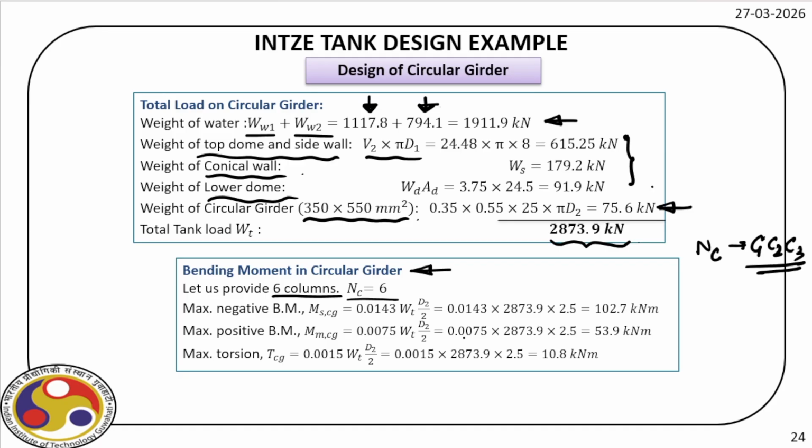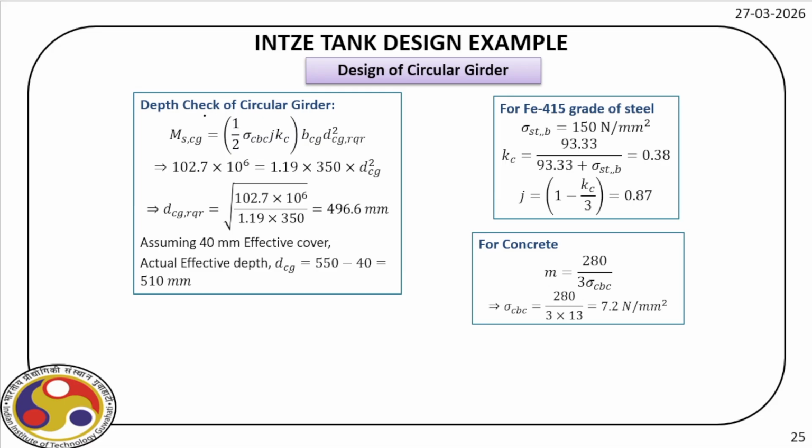So, this is from the table, and they are used to find out maximum negative bending moment, maximum positive bending moment, and maximum torsion. Here are the expressions where C1, C2, C3 are used, and then the respective values of maximum moments are 102.7 kilonewton meter, then 53.9 kilonewton meter, and the torsion we have 10.8 kilonewton meter.